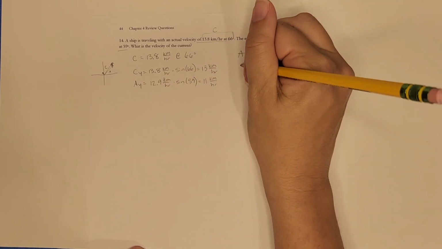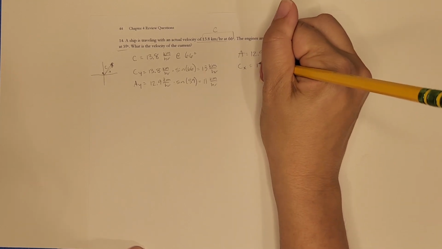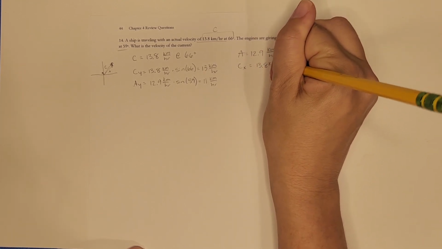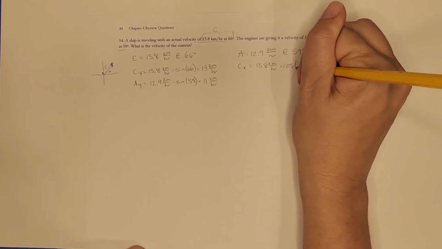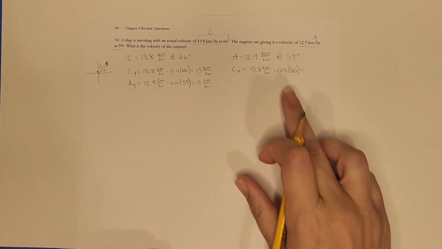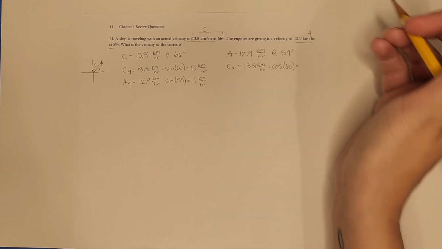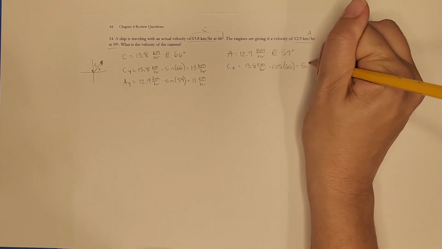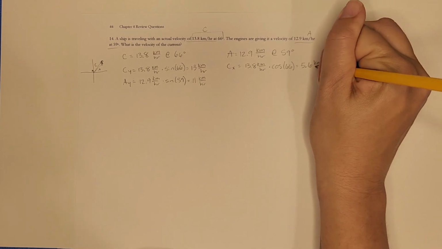Let's do the x values using cosine. Here, 2 significant figures as well for the 66, and we're going to get 5.6 kilometers per hour.